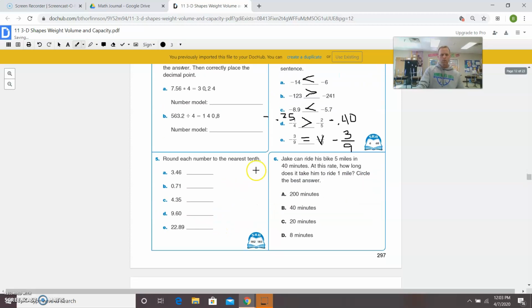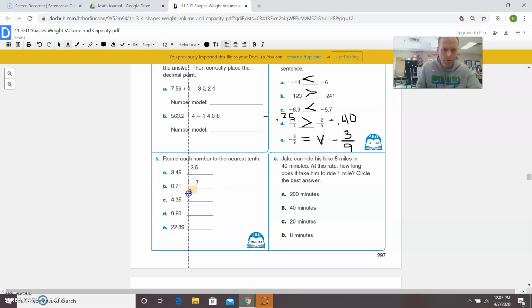Okay. Bottom one, rounded to the nearest tenth. This is my tenth. 6 tells me to round it up. Okay, so I have 3.5, or 3 5/10. This one would round to 7.